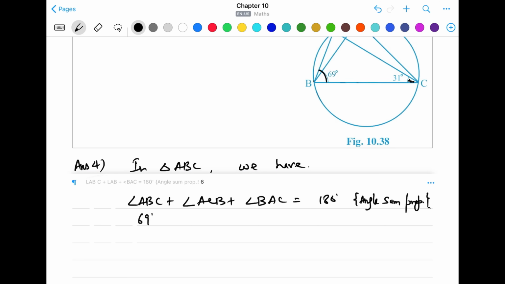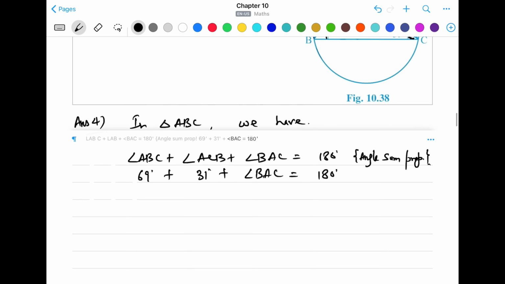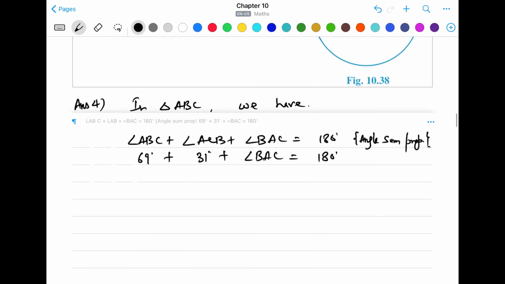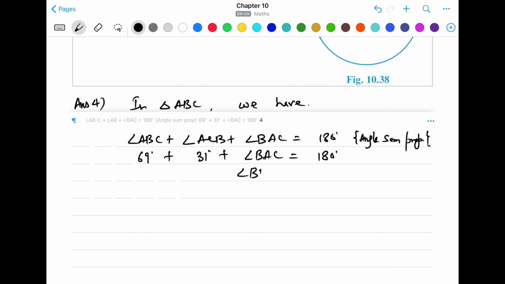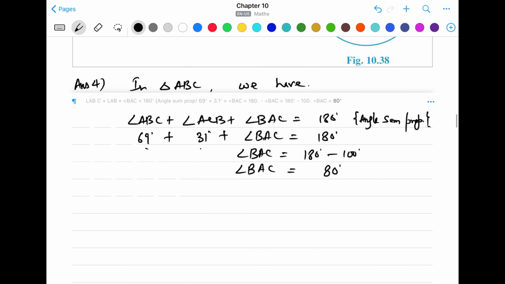ABC is given as 69 degree plus ACB is given as 31 degree, plus we need to find BAC, that is equal to 180 degree. So BAC will be 180 degree minus, this 69 plus 31 gives us 100 degree. So angle BAC will be equal to 80 degree.